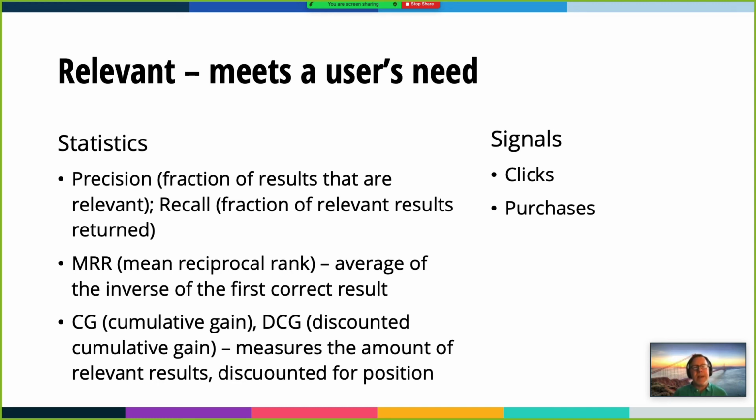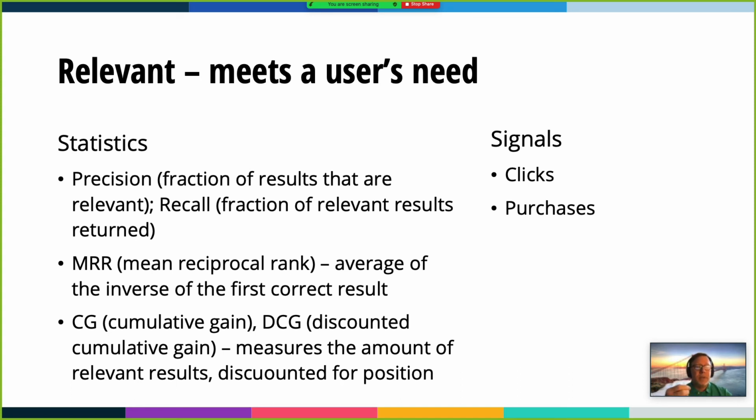So having said that, we have some statistics that we frequently use to evaluate search results, but most or all of them require some kind of prior intervention where a particular person is going to look at these and decide, for this query, was this actually the right result? So the common statistics that we apply, precision and recall, you'll hear those quite a bit.